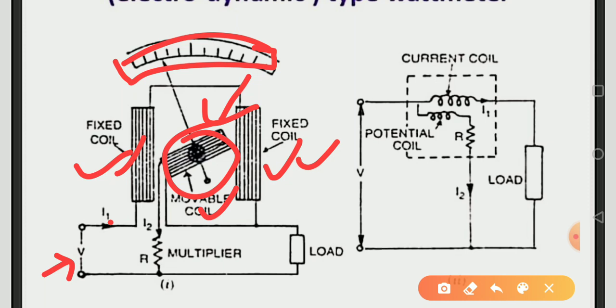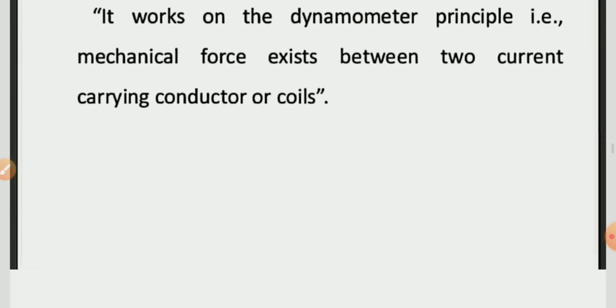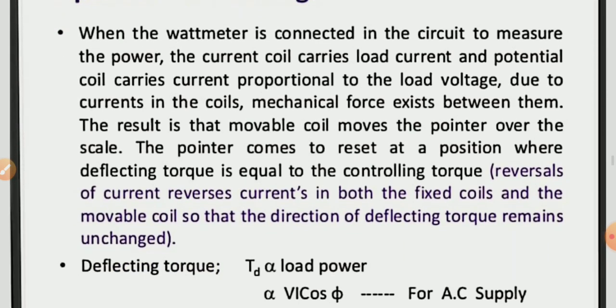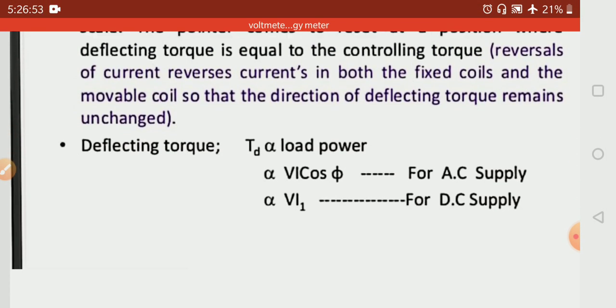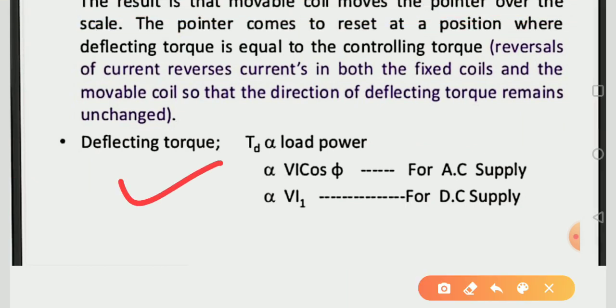The magnetic field produced by the fixed coil is proportional to the load current, and the magnetic field produced by the moving coil is proportional to the voltage. By multiplying both values, V into I, we get power.